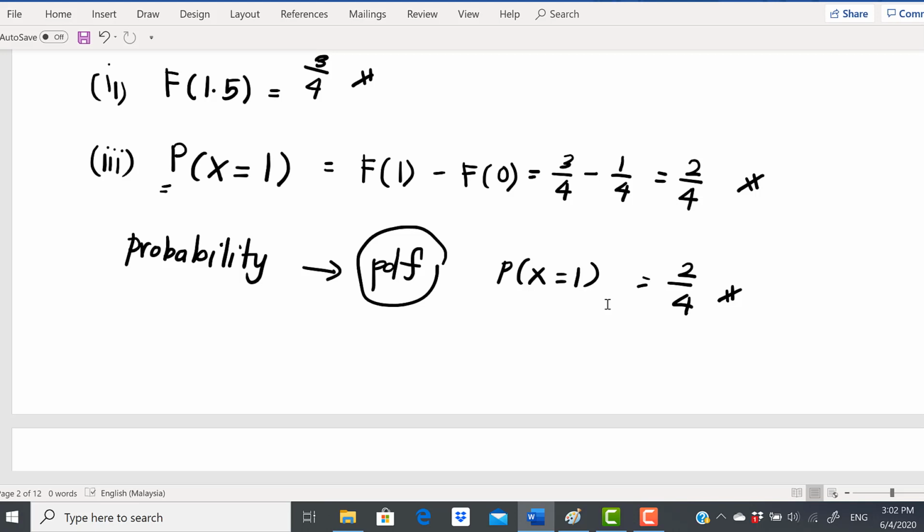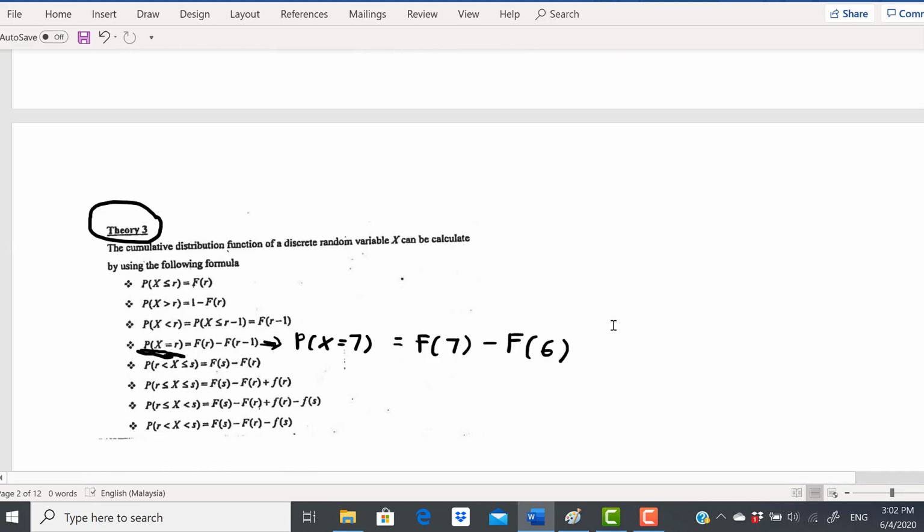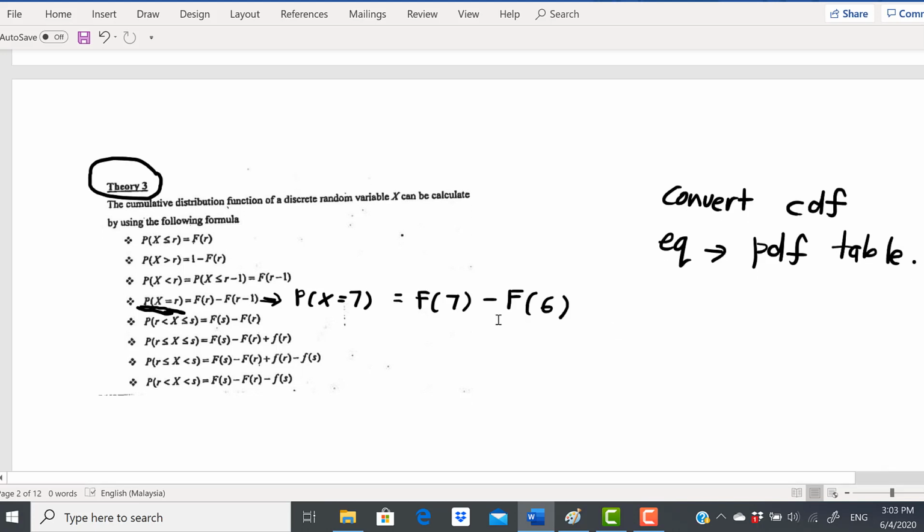So, the second method to calculate the probability by using the CDF is to convert your CDF equation to the PDF table or PDF equation. Now the question is how to convert your CDF to the PDF.